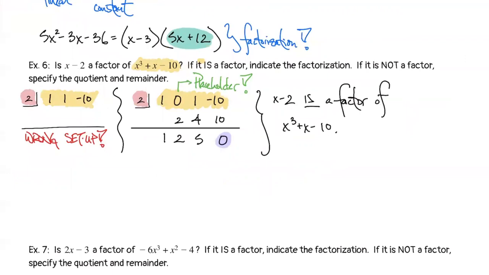Well, if it is a factor, then we need to indicate the factorization. So we could say that x cubed plus x minus 10 equals, what does it equal? What's a way that we can write that factorization?